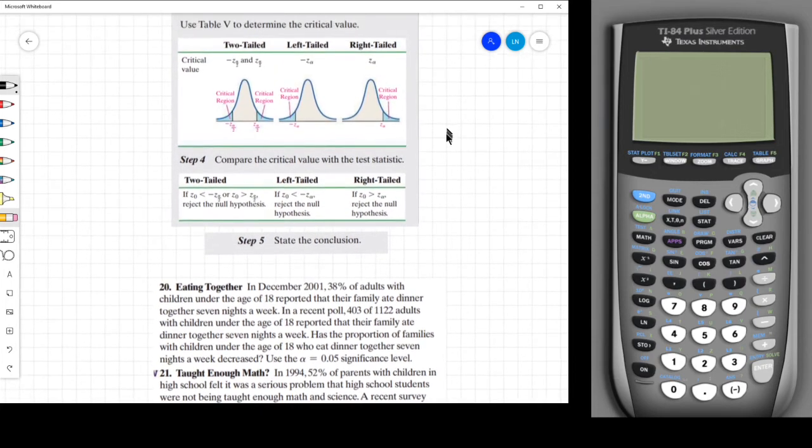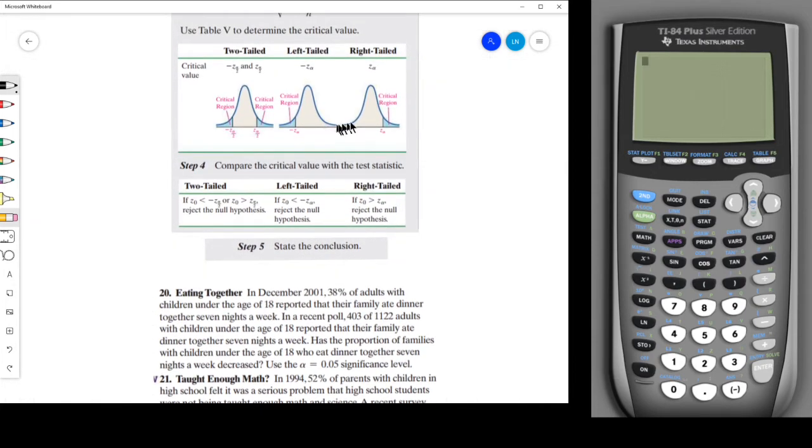Depending on the type of hypothesis test we have, two-tail, left tail, or right tail, we're looking to see whether or not our test statistic falls in the critical region, where the critical value is the cutoff. So in the case of a two-tail test, that would mean that our test statistic would fall either into the left tail or the right tail.